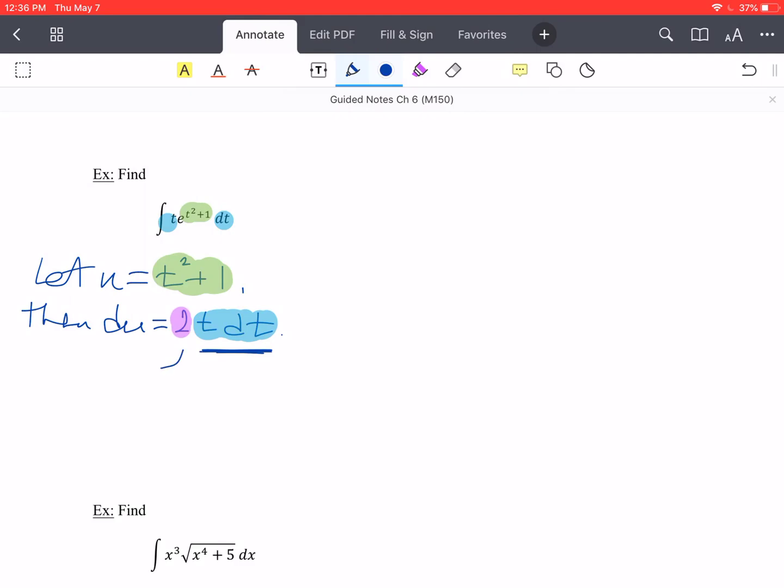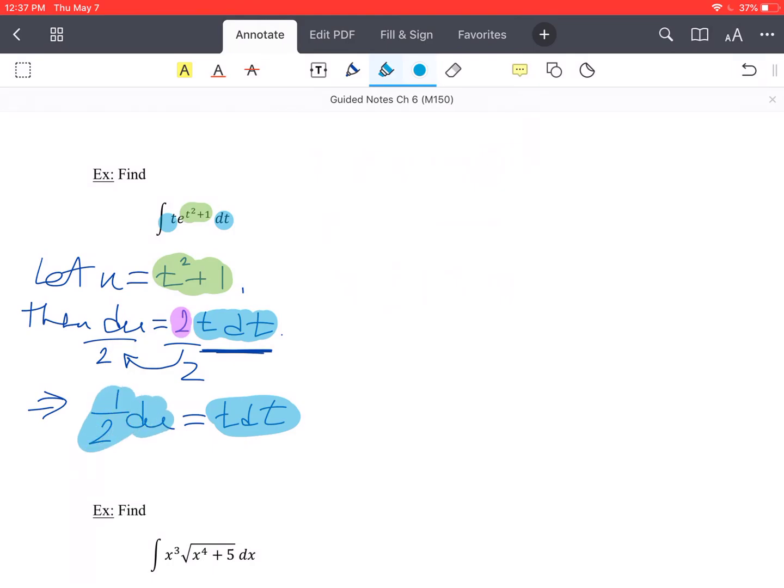So if I just move this to the other side, that's going to give us an appropriate substitution. All we need to do is divide both sides of this by 2. So I get 1/2 du equals t dt.